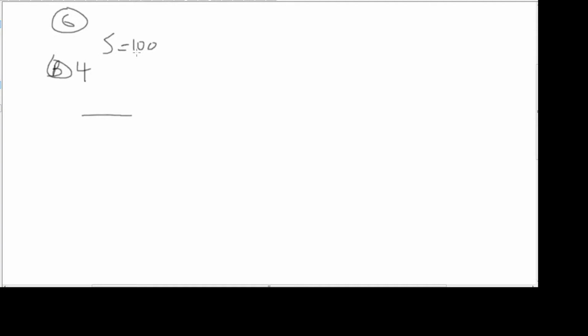Obviously the best way to minimize the digits of S is if you have this and this equal to 0. And then this is the one you're trying to minimize. So the hundredths digit is the only thing that matters. That means S must equal 400 if you have this.